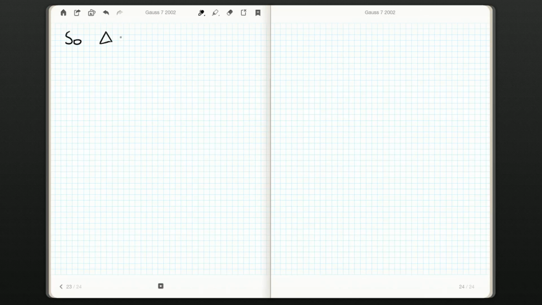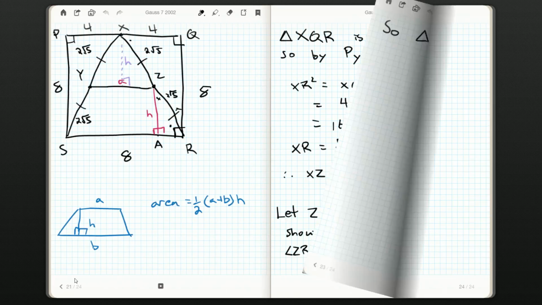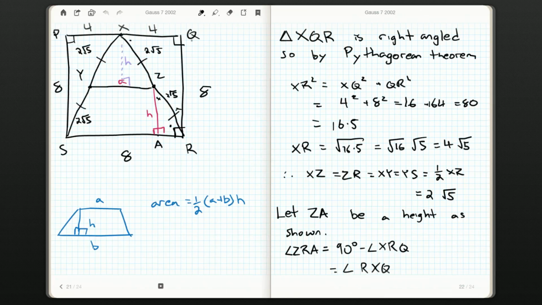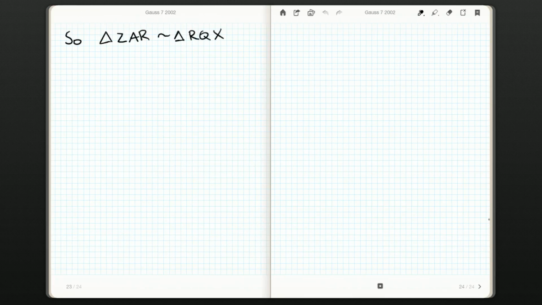So that tells us that triangle ZAR is similar to triangle RQX. The reason they're similar is all their angles match up. So we have 90s where A and Q are, and we have these two dot angles are the same, and these two little check or cross angles are the same.